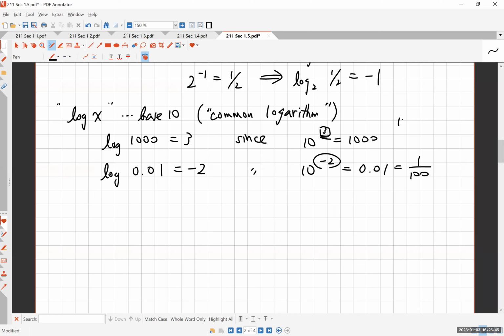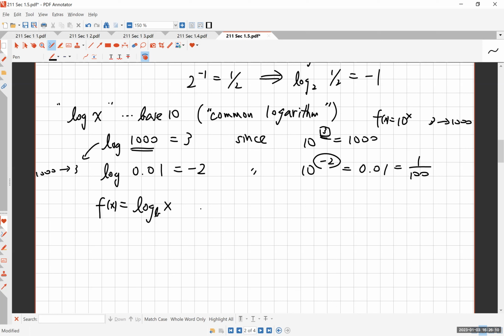So this function is sending 3 to 1,000, and this function is sending 1,000 to 3, and so that's exactly the opposite.